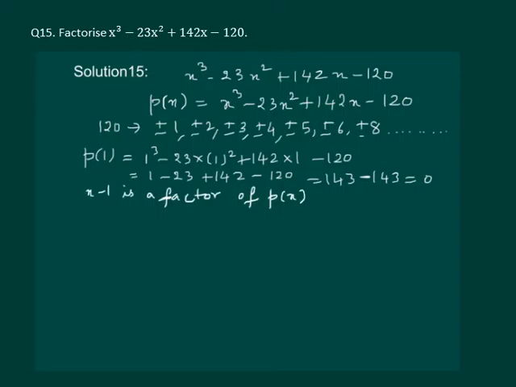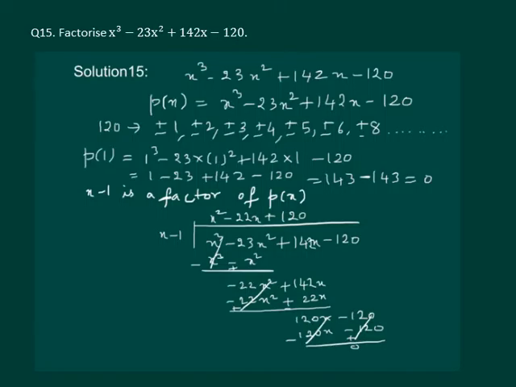After this step, there are many different ways of doing the question, but let us do the simplest one. Let us divide px by the factor that we have already found out. On division, we get quotient as x square minus 22x plus 120, and we already knew that remainder will be 0.